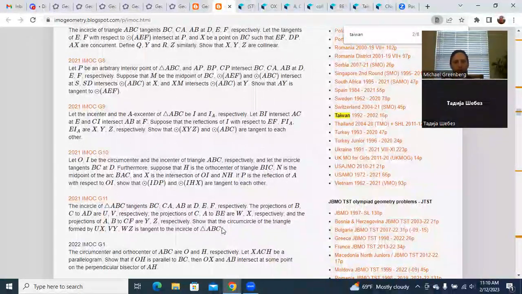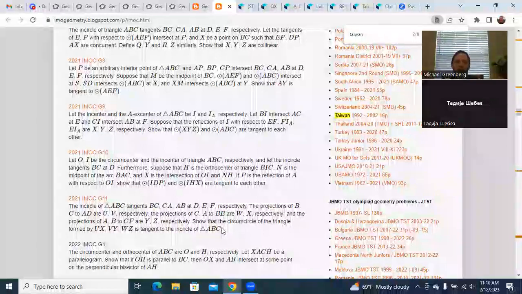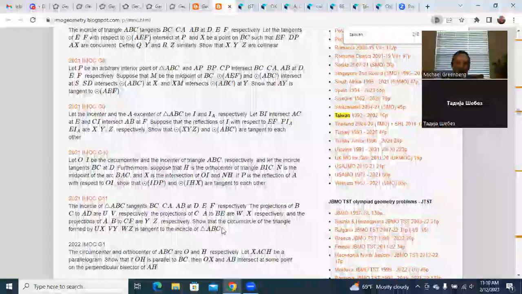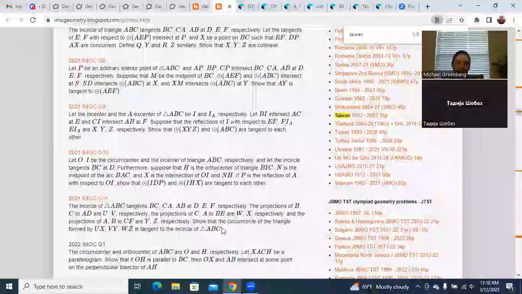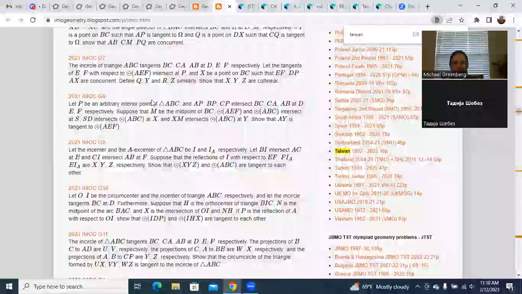Projections of B. Okay, you're projecting everything onto the lines. That's a kind of complicated diagram, but we can do it if you want for G11. So look through these problems and let me know which one you like best.